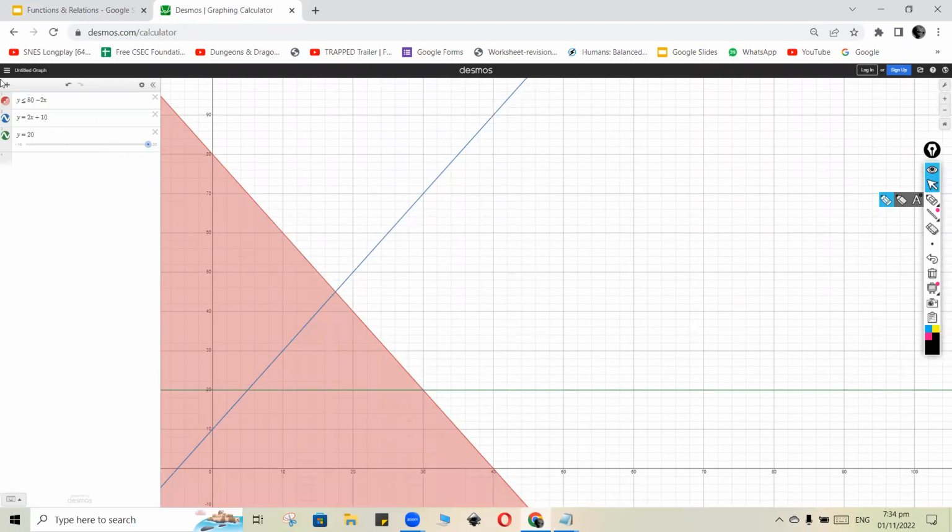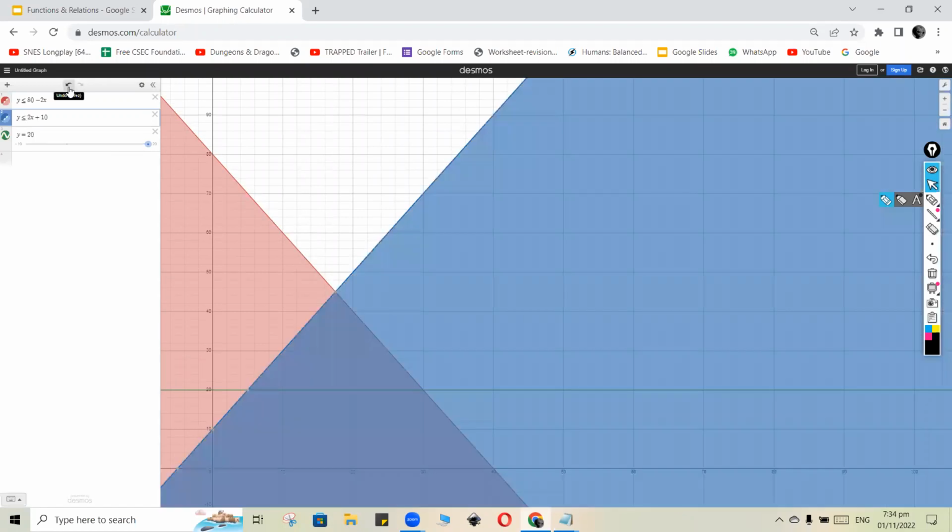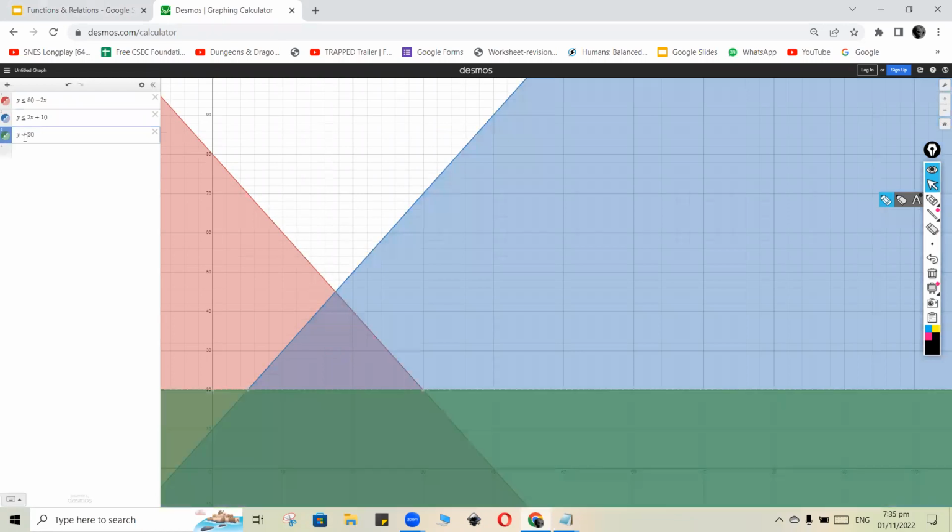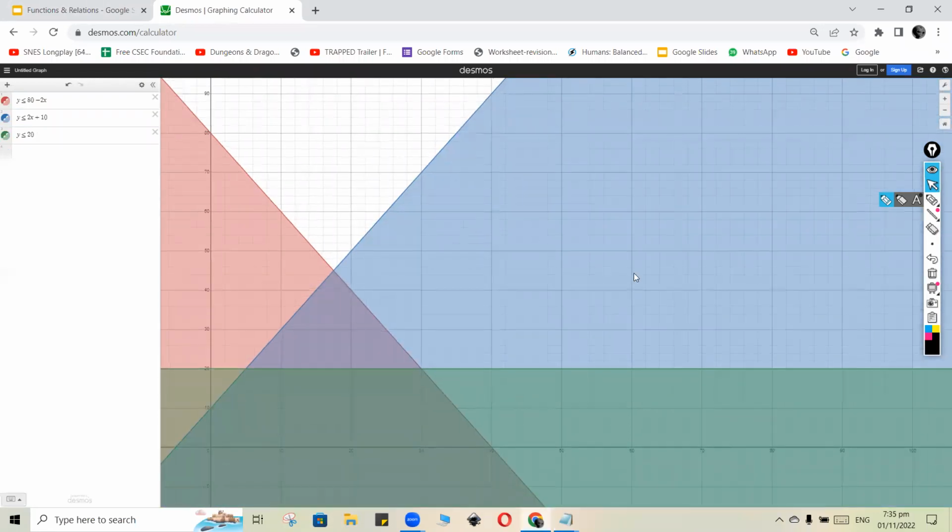For the blue graph, let's shade underneath that graph in blue. So it shaded everything underneath the graph in blue. And for the last graph over here, it was also a less than.